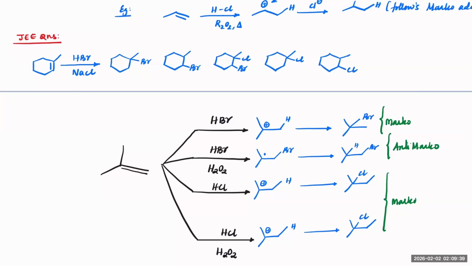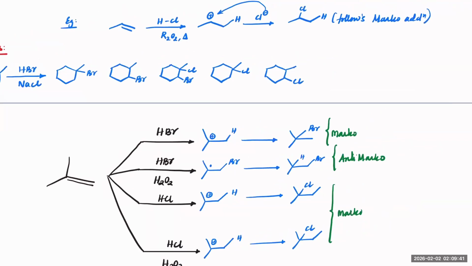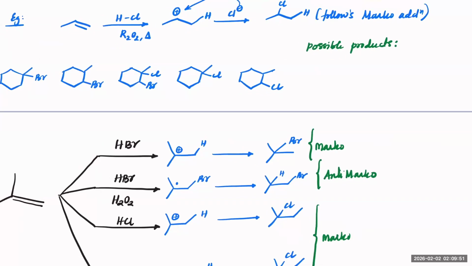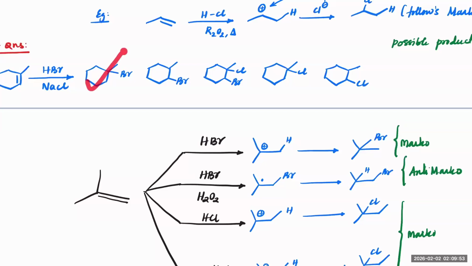Okay. In that case, if the question is asked, possible products, which means there is a possibility that it may be major, minor, but definitely form. So you can see this is definitely forming as major. This is forming as minor. Chlorine can also form as major depending upon NaCl composition, and this can form as minor.